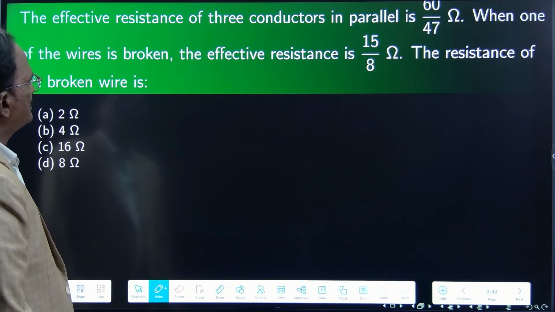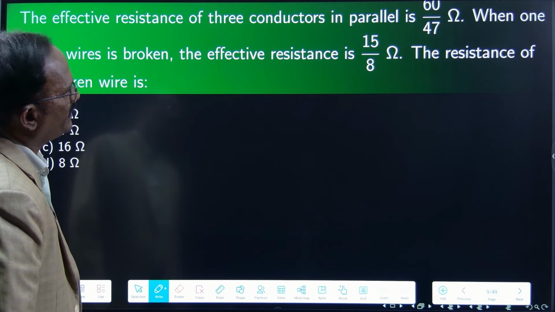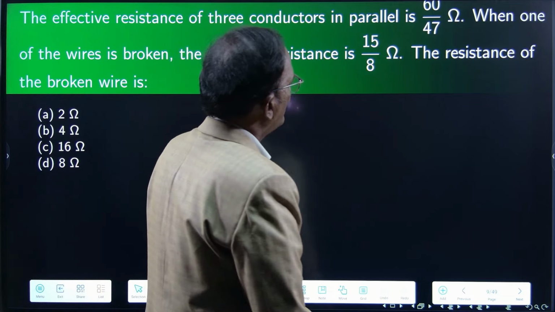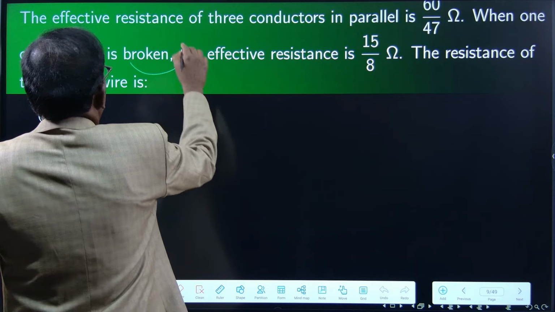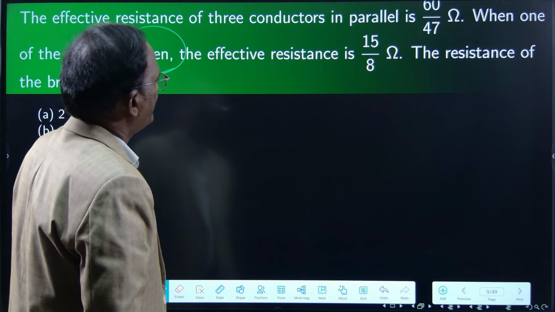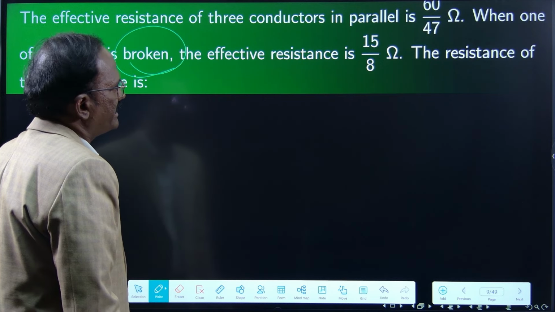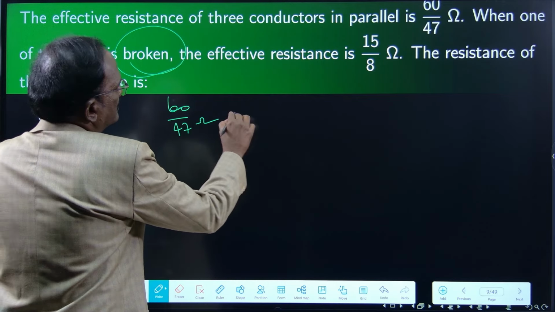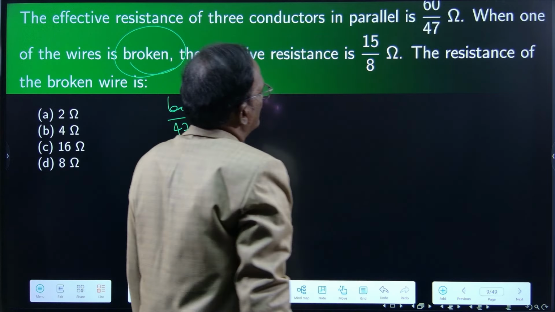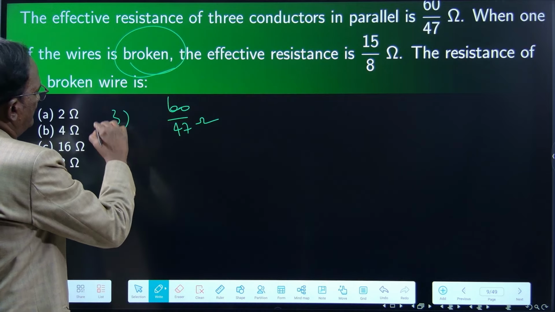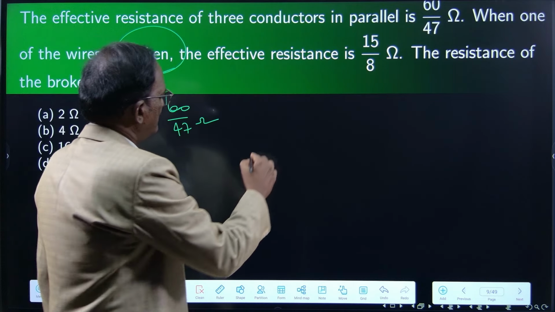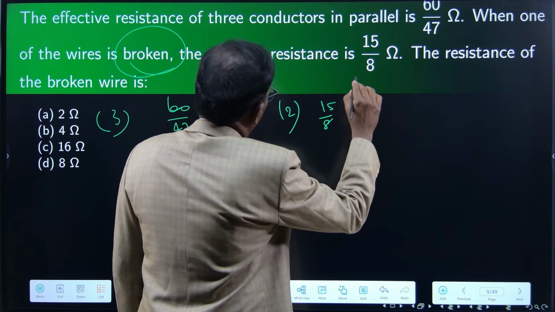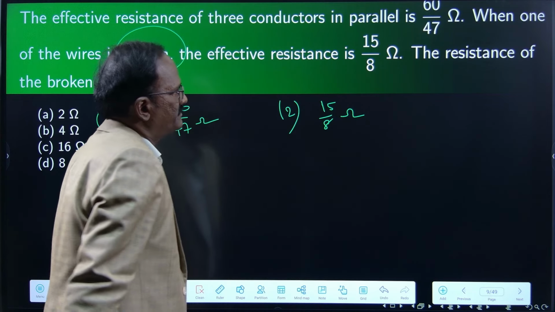Next, the effective resistance of 3 conductors in parallel is 60 by 47 ohms. When one of the wires is broken, the effective resistance becomes 15 by 8. First it is 60 by 47 when 3 resistors are in parallel. When 2 resistors are in parallel, it is coming down to 15 by 8 ohms.